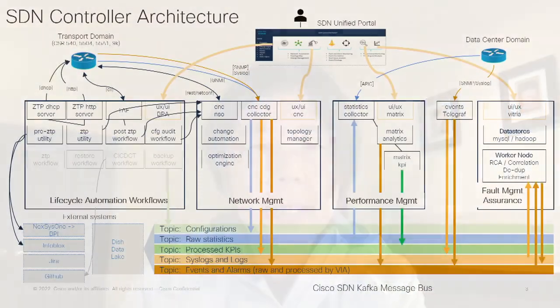If you look at the architecture on this slide, you can see the SDN controller is focusing on the DISH network. It has two domains, the transport domain and the data center domain. The majority of the SDN controller's focus is getting insight into the transport domain and providing automation of the transport domain.